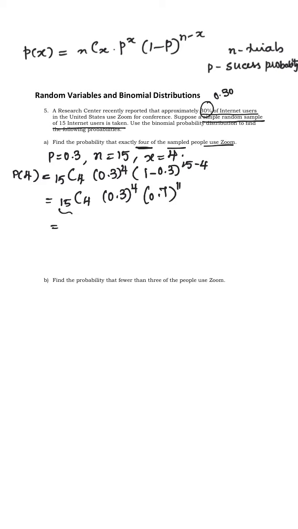You can enter this into the calculator, like enter 15, then math, then select option P or B, then option 3, then enter 4, then enter again.